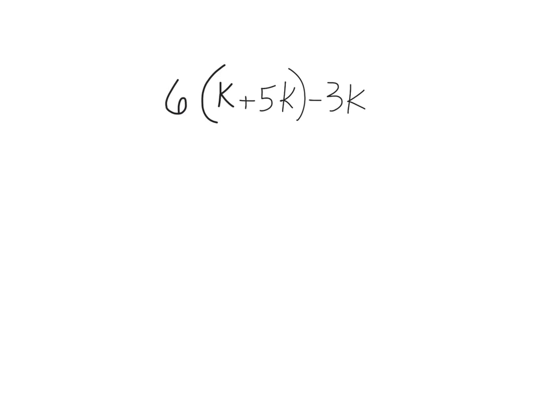Okay, but let's look at it one other way. You could also look at it like this. You could say, look inside these parentheses right there. A k plus a 5k, that's going to be a 6k. Okay, just kind of rewrote that over.